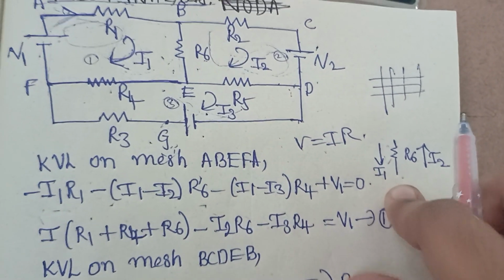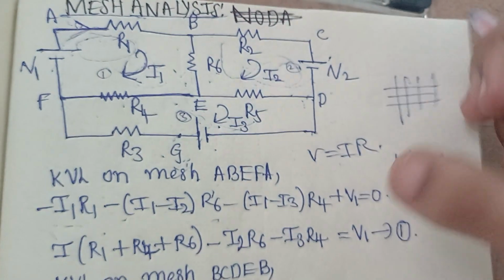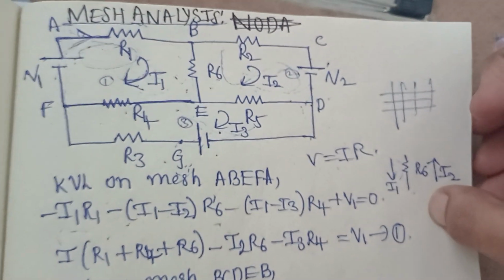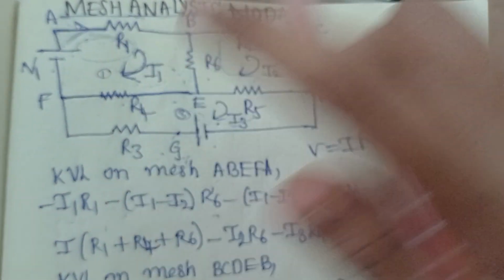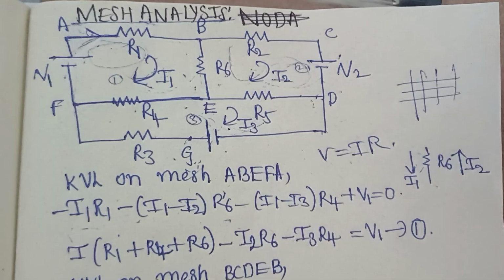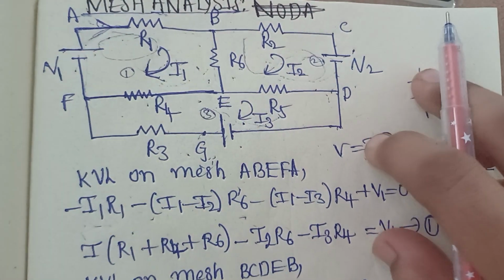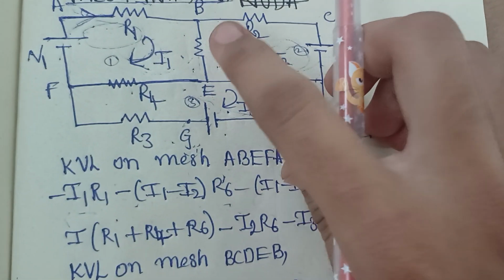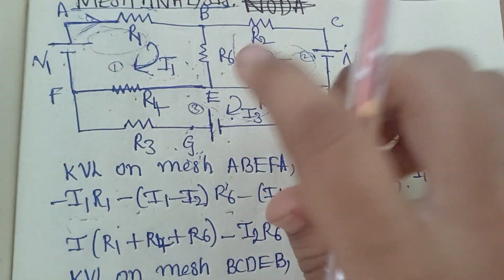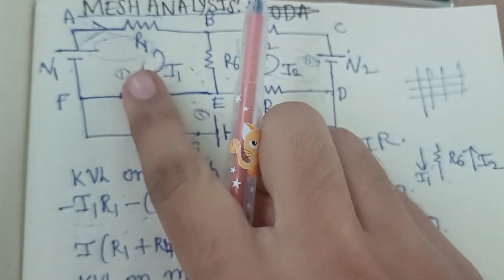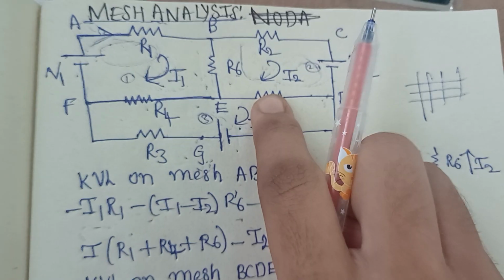So now let us suppose I1 to be the higher current and I2 the lower current. You can assume as you wish, but I am considering the first one to be always higher, so it will be easier for us. Now the total current through this R6 resistor will be I1 minus I2, since this R6 resistor carries a combination of the currents I1 and I2.